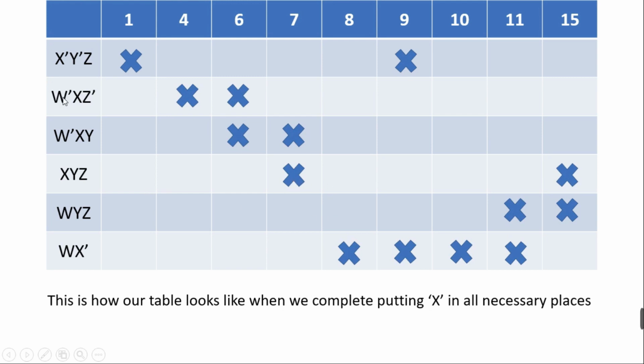That means w prime x z prime was derived for 4 and 6, so we've put this symbol at the positions of 4 and 6. The last one, w x prime, was derived for 8, 9, 10, 11, so we've put this symbol at the positions of 8, 9, 10, and 11.